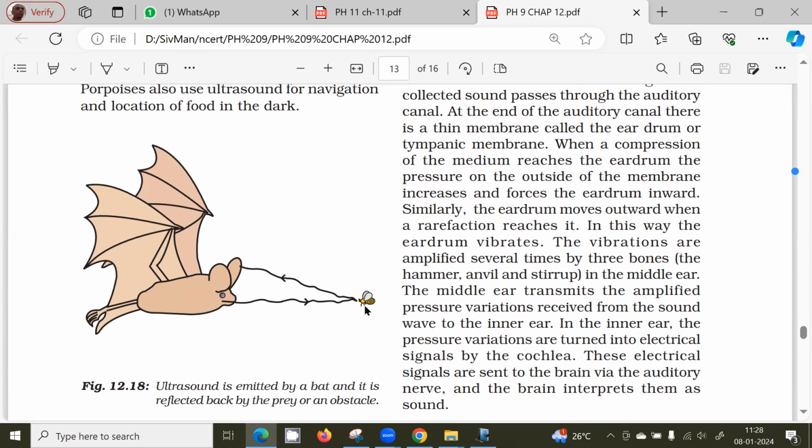Suppose the fly is here, then the echo will come this way. It has to tilt its head in that direction to get the maximum sound. So it can figure out the insect is in this direction, and it will move towards it. This is how the bat hunts its food.